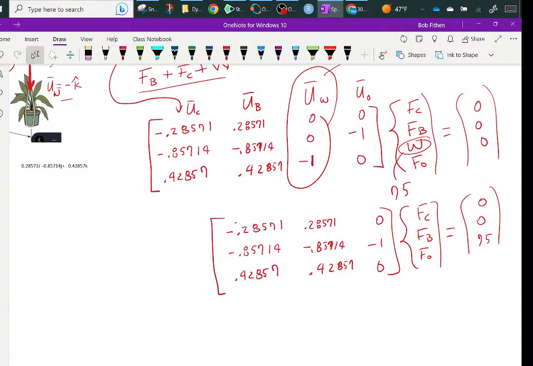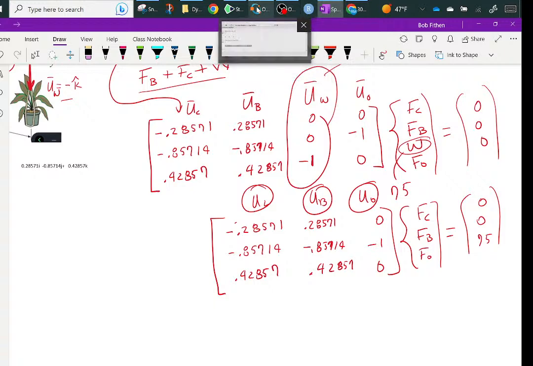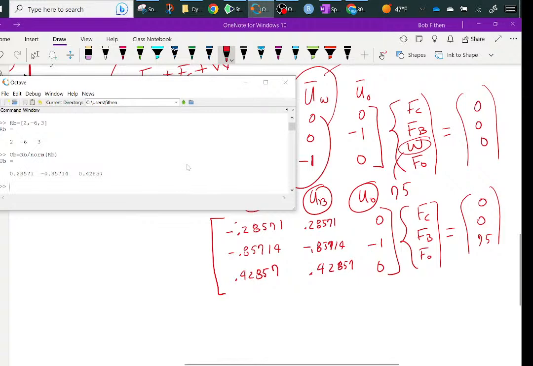So in this, this is UC, this is UB, and this is U0. What we should find out is that the 0 might switch its direction and be negative. So what I want to do is make a matrix K. I'll do a UO and call it 0, minus 1, 0.